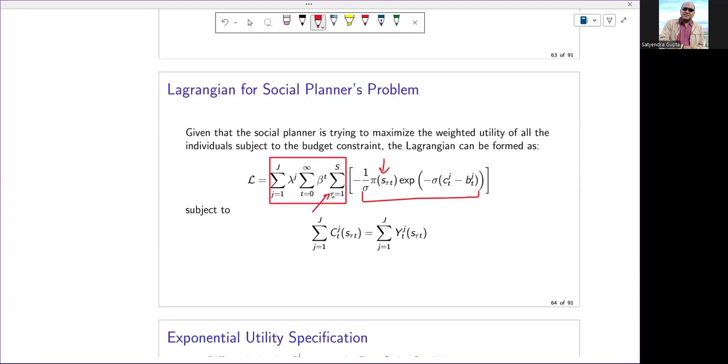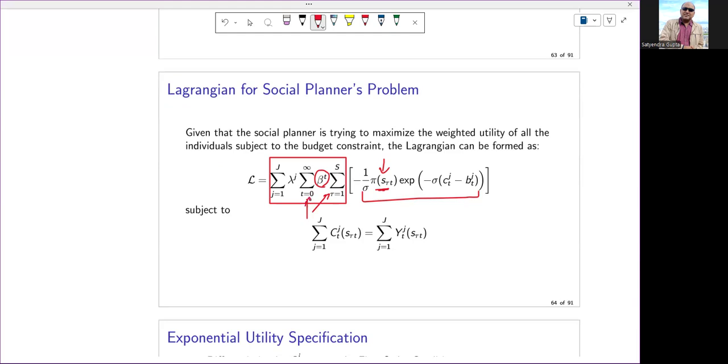That's why we are summing over it. And then we have the probability of that particular state happening, as we have done in our class as well. Now, each individual is going to discount it with a time discount factor beta. That's what we have.